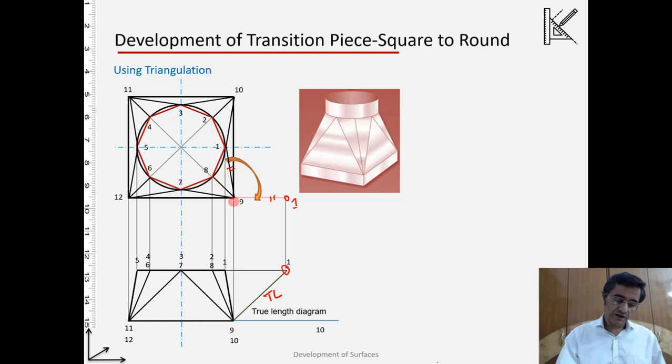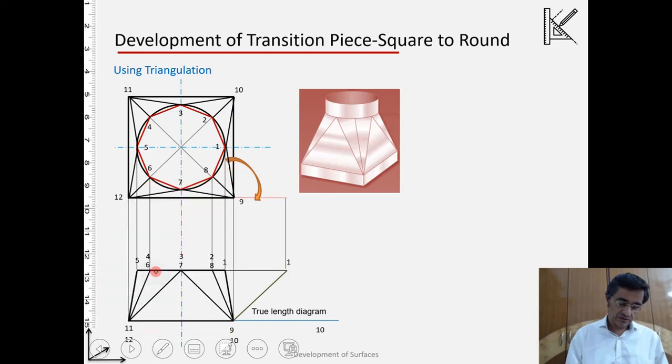Similarly, for the other line 8,9, or we can say 2,10, what is the true length of this? I will be rotating this again to know the true length. So let us do that rotation. So if I rotate 2,10, alright, and then the point over here, I bring it to the frontal. So that's the point.